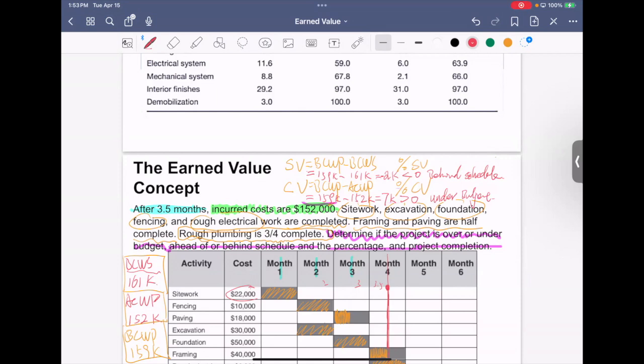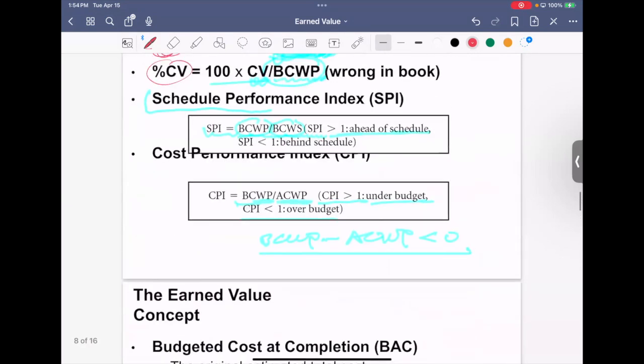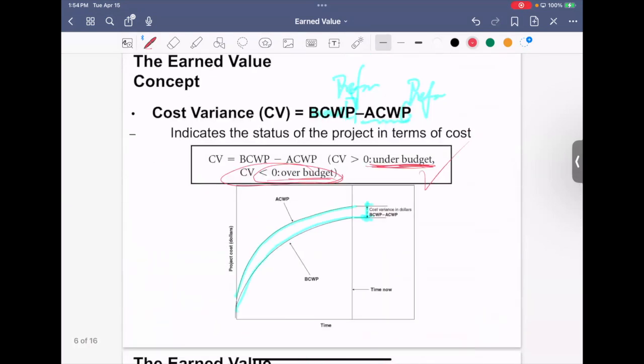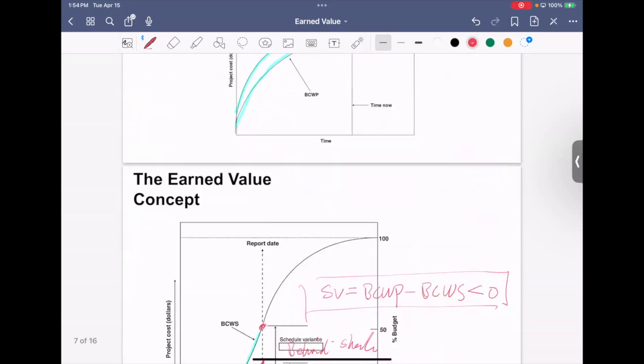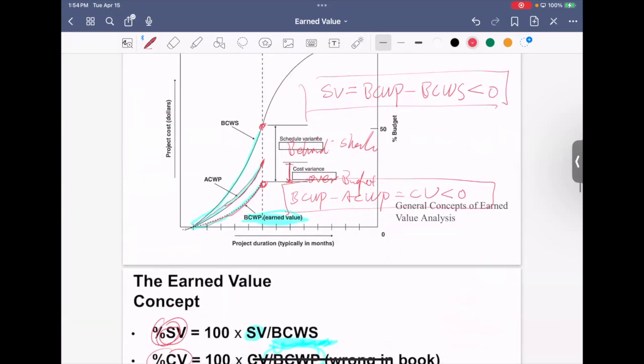CV is 7. 7K is more than 0, you are under the budget, right? So that is the CV and the SV.